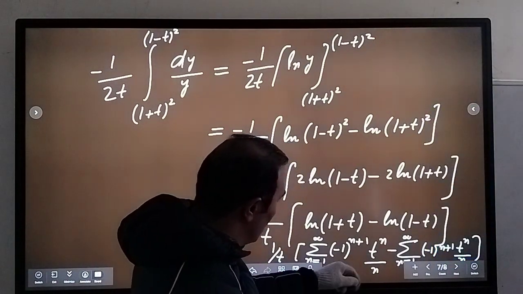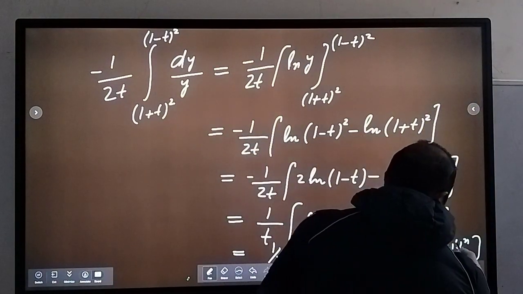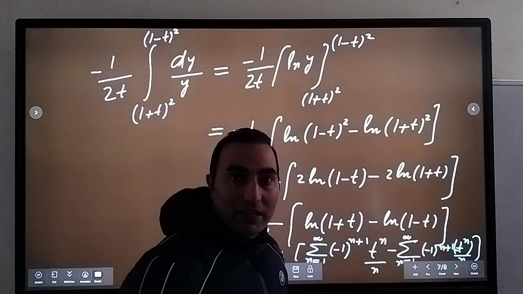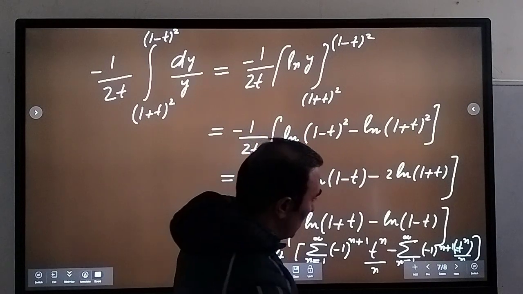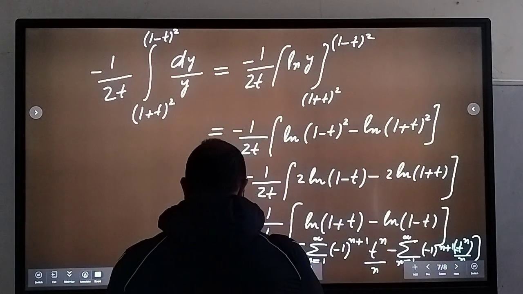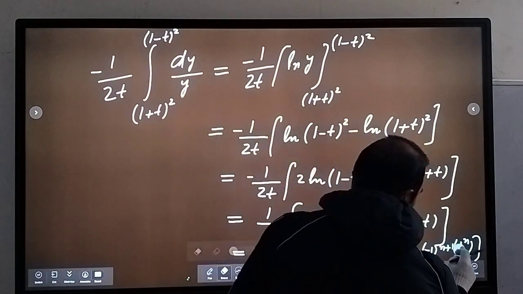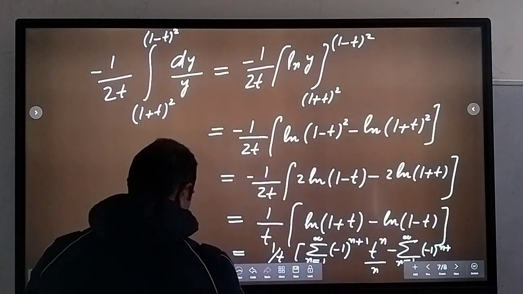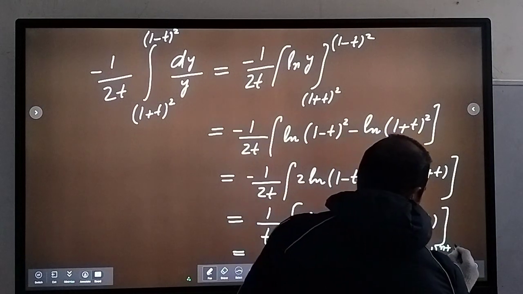Okay, so this is minus 1, so it should be minus here. Yeah? So it will be minus 1 raised to the power n, minus t raised to the power n. Or better is to write this way. Let me drop this whole part, n plus 1.